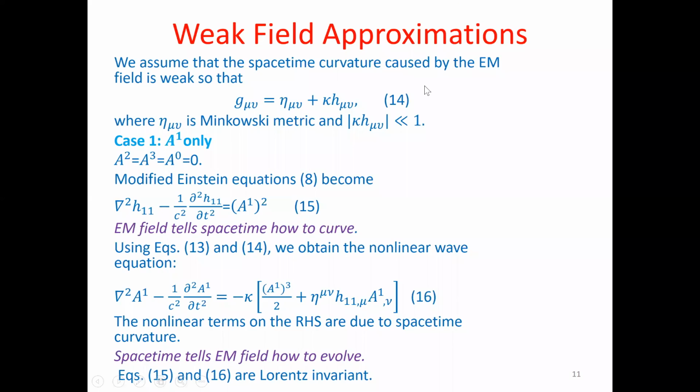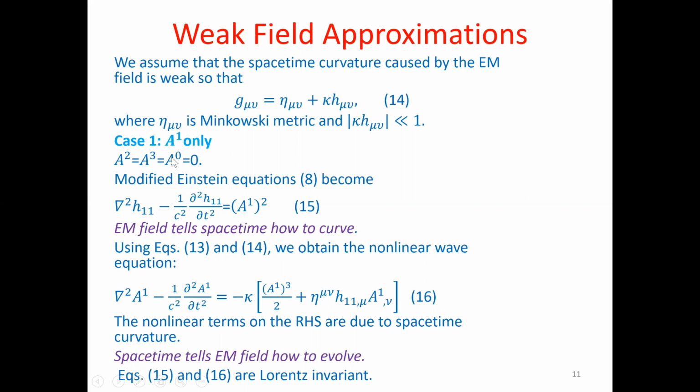Weak field approximations. We assume that the deformation of the metric coefficients due to the electromagnetic field is weak, so that g is eta plus kappa h. Here eta is the Minkowski metric, and kappa h represents the small deviation of the metric due to EM field. Case 1. So let us assume that the vector potential A has only one component in the x direction.